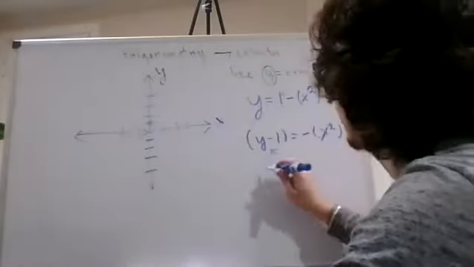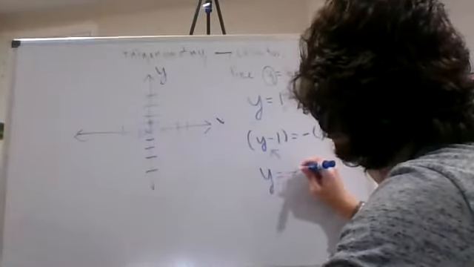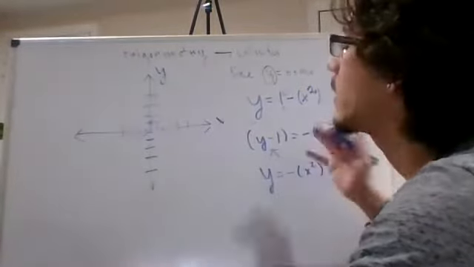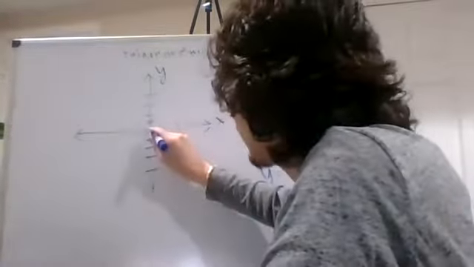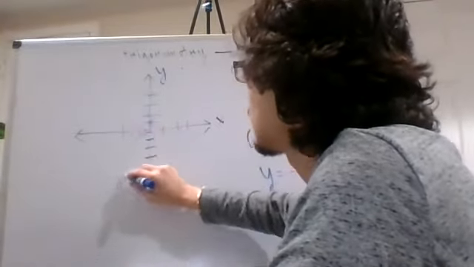So let's look at the function. If we didn't include the 1, we would see that it's y equals negative x squared. In other words, it's what we just did before. We said that before, y equals negative x squared will look like this.